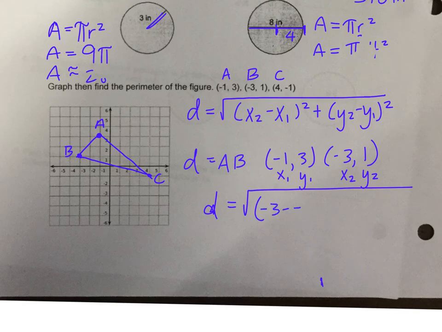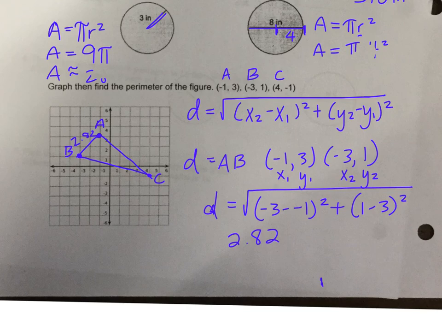Negative 3 minus negative 1 squared plus 1 minus 3 squared. When I put that all into my calculator, the distance for AB would be 2.82. So I'm going to write that up here, 2.82.